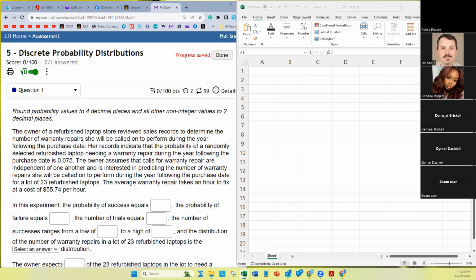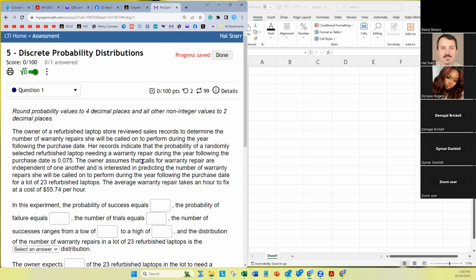So number of warranties, she could have 10, or she could have 9, but she can't have 9.5. So that makes it discrete, right? So one is identifying that it is discrete. We're told that it's discrete up here, but we have to verify that, right?